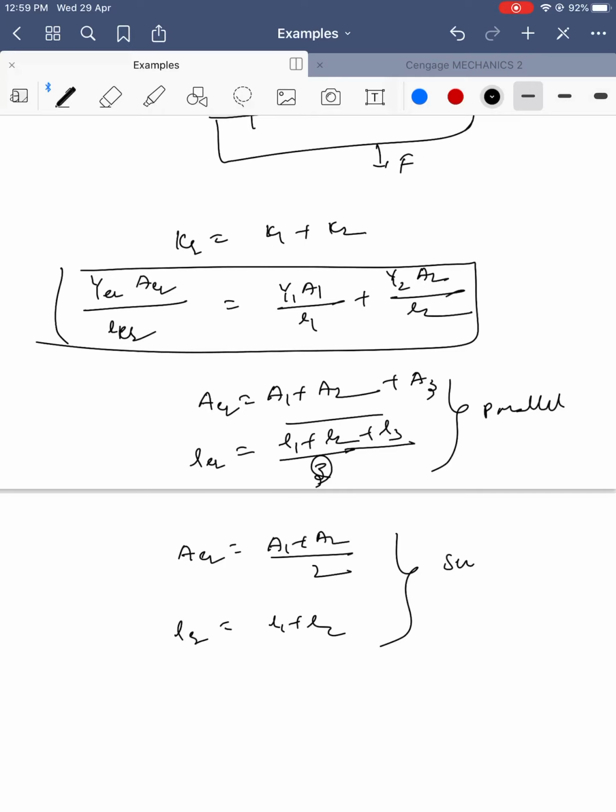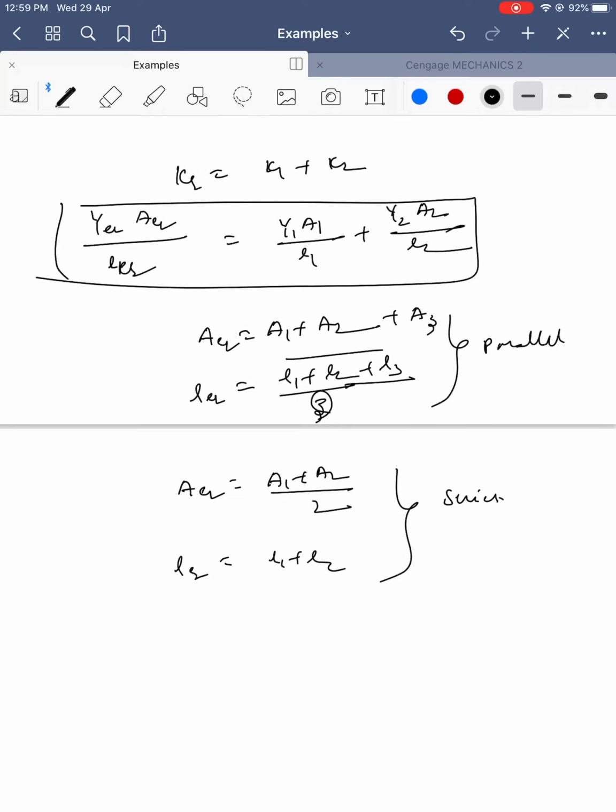With 3 rods, area becomes A1 plus A2 plus A3 by 3, length becomes L1 plus L2 plus L3, and so on.